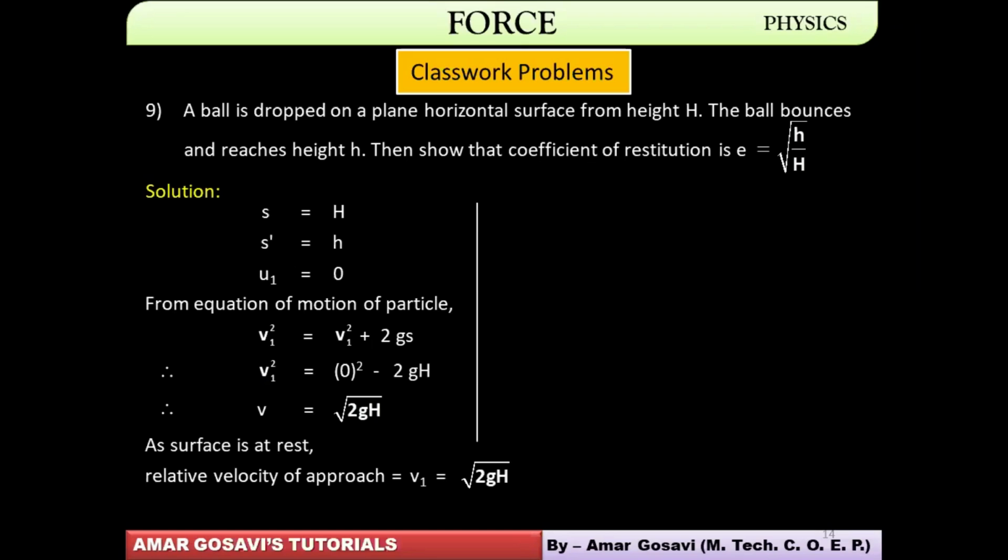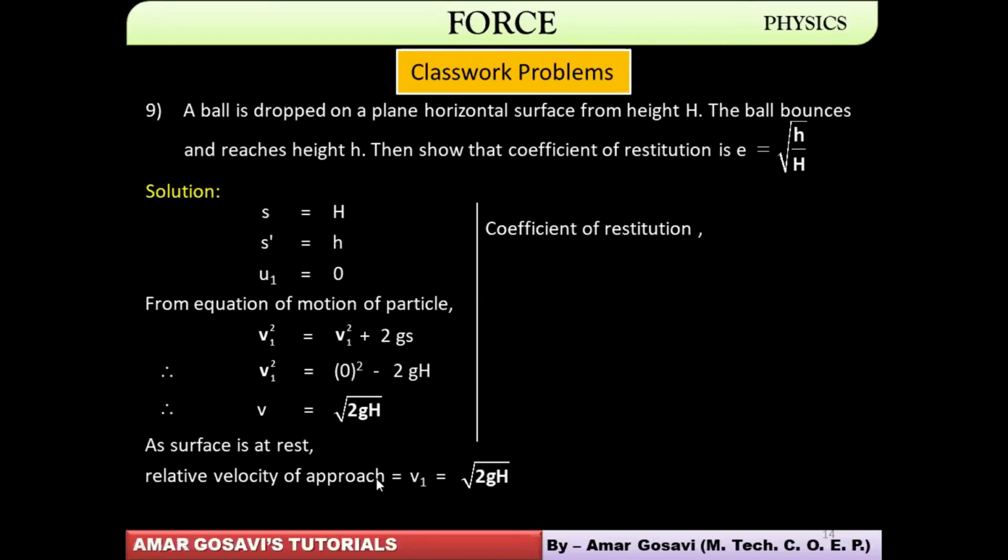Right. Now once the collision takes place, in a similar way, for the relative velocity of separation, you use the same equation. You can get the final velocity will be 0 in that case, but the initial velocity will be something. The same thing can be derived as V2 equal to root 2g into small h.